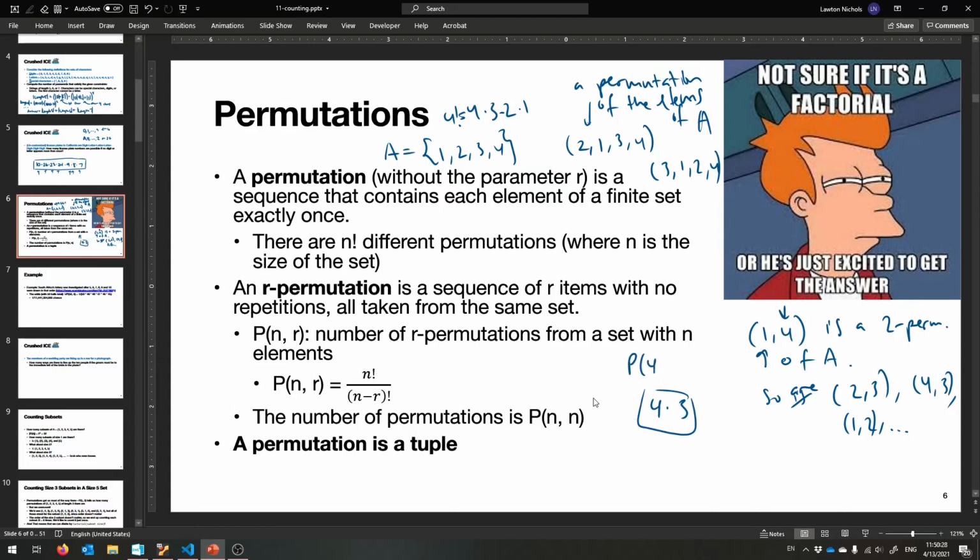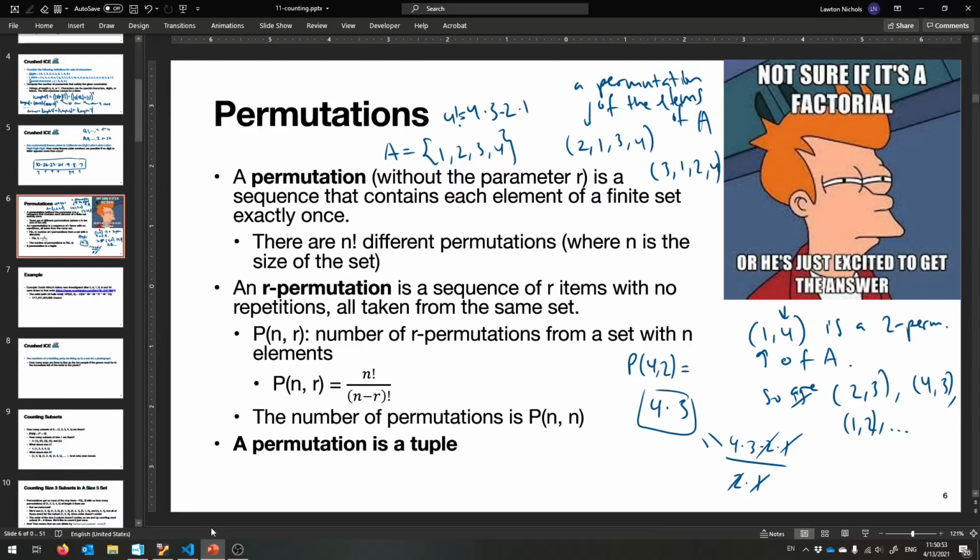P(4, 2) equals this, and I'm going to show you just hand-wavily why that's also n factorial over (n minus r) factorial. So here's n factorial, 4 times 3 times 2 times 1, and here's (n minus r) factorial, where n minus r is 2, right? And then 2 factorial is 2 times 1, and look at that. Hey, so that's why it's like that, right?